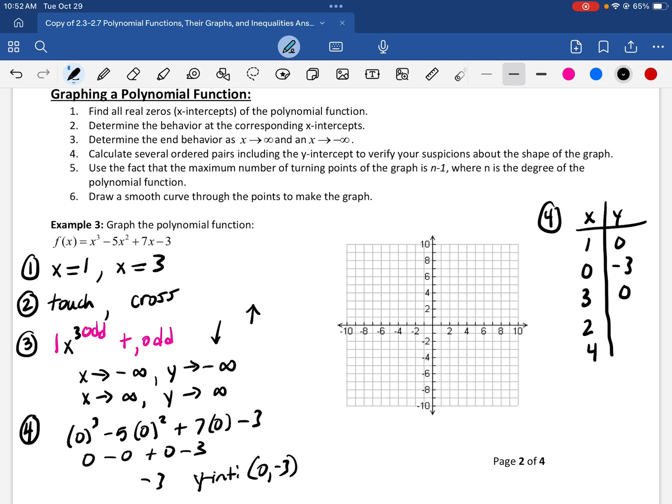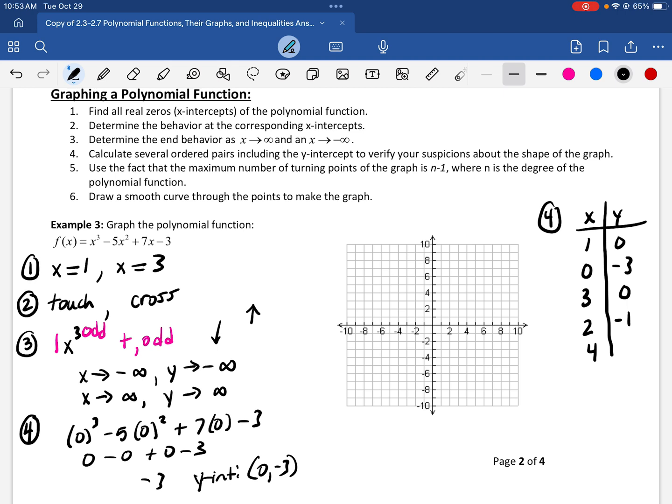I could easily plug each of those in to see what we get. So we'd have 2 to the third is 8 minus 5 times 4, so minus 20. So 8 minus 20 is going to be -12, plus 14 is 2, minus 3 is -1.